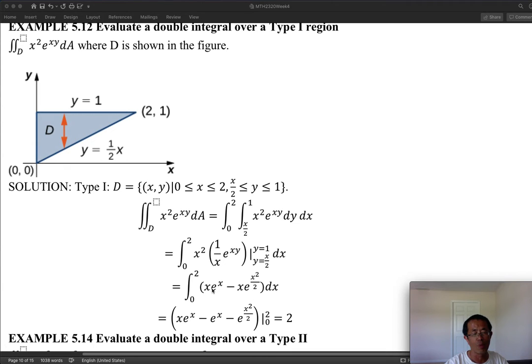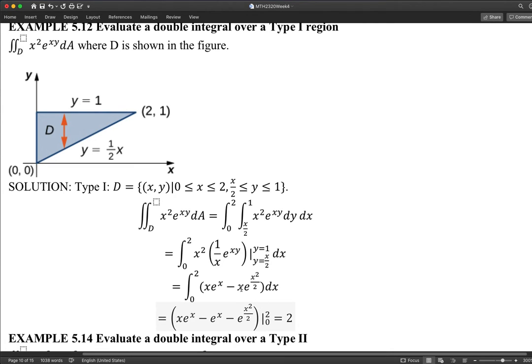This time, for the product part, I used integration by substitution and integration by parts. This product part is from integration by parts. And this part here is integration by substitution.